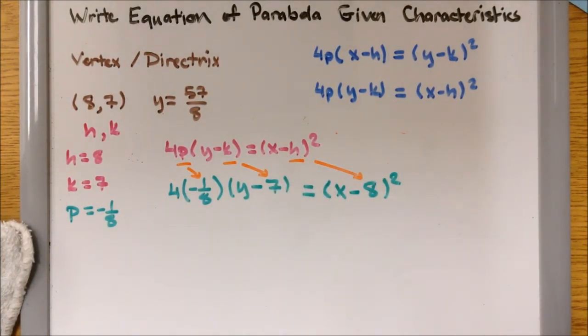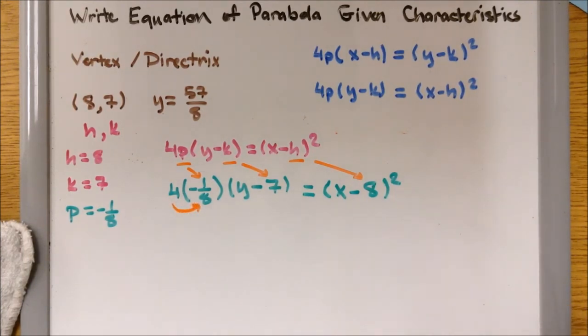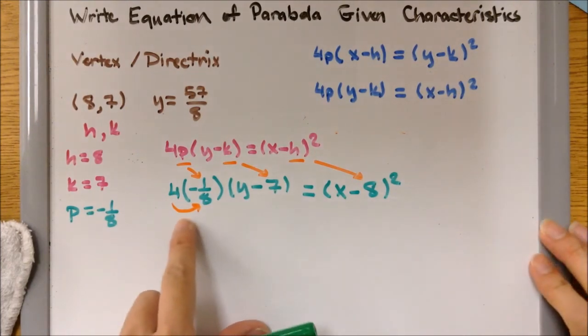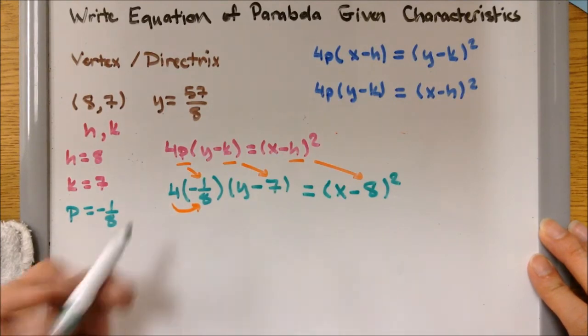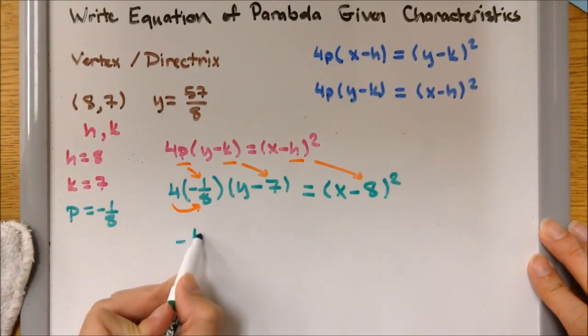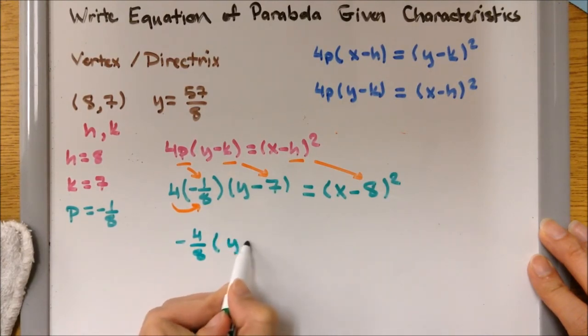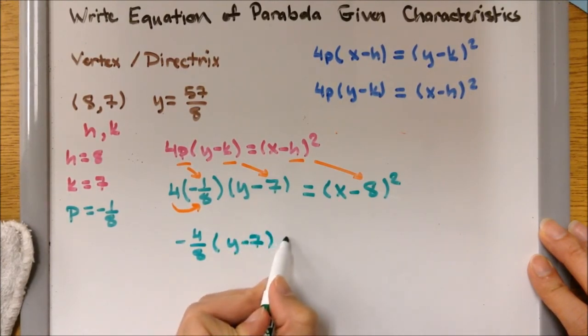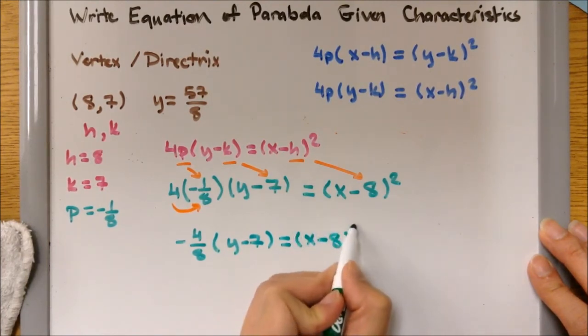What I'm going to do next is simplify the 4 times negative 1 over 8. When I distribute the 4 to the fraction, 4 times negative 1 over 8 is going to become negative 4 over 8, then parentheses y minus 7 equals x minus 8 squared.